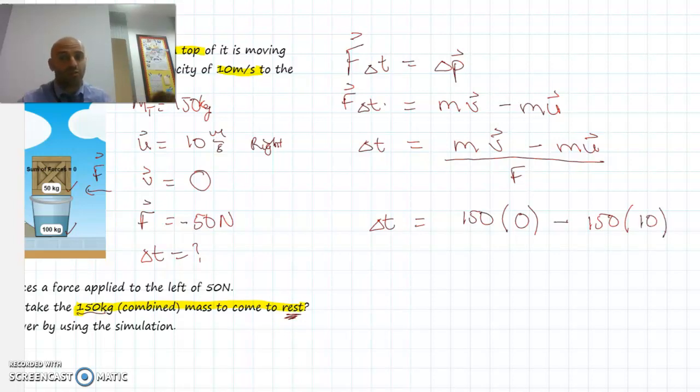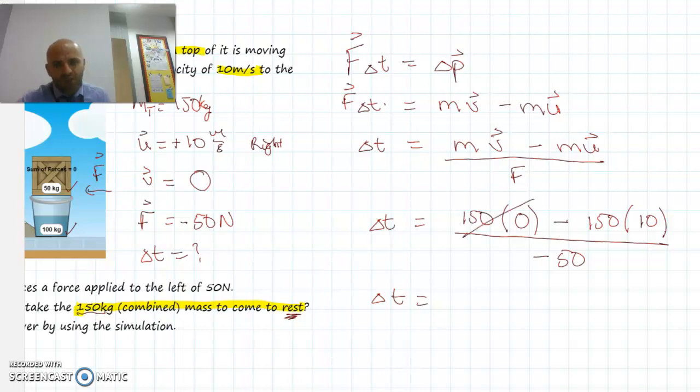We take that one to be positive, but of course I have a negative now in front of it. And now you'll see why that negative force becomes more important. When I divide by negative 50 newtons, a negative times negative will cancel and I'll wind up with a positive time. You should always wind up with a positive time in these situations.